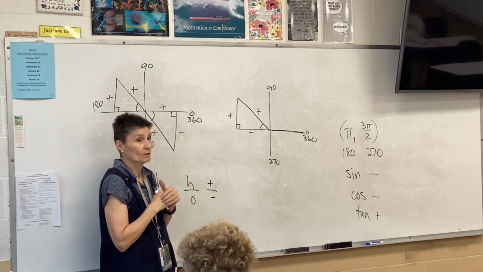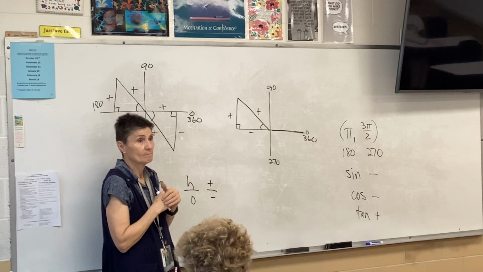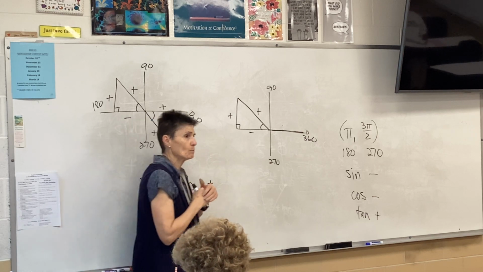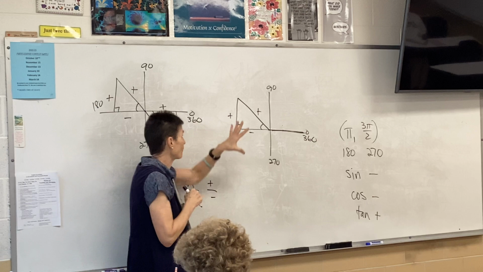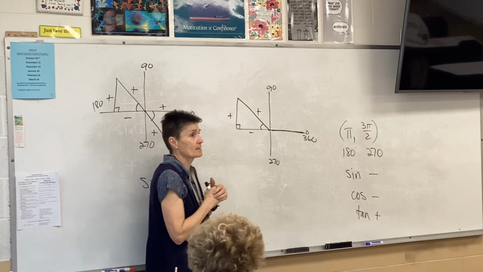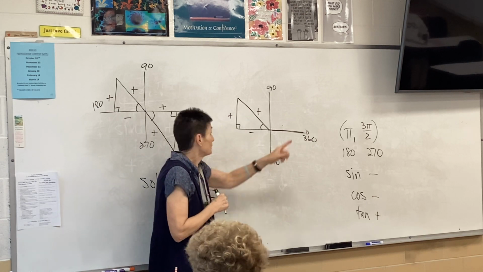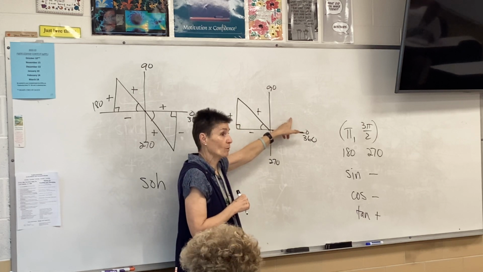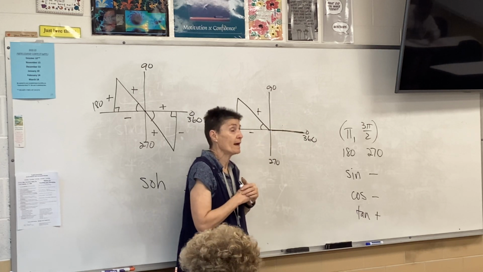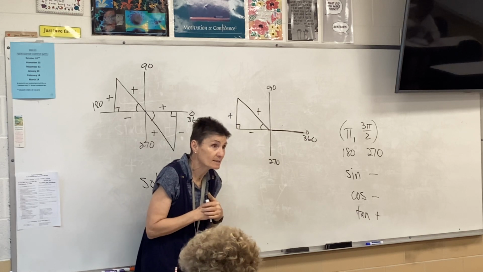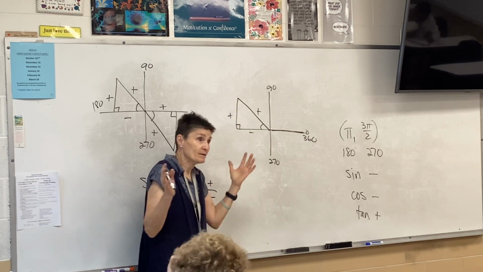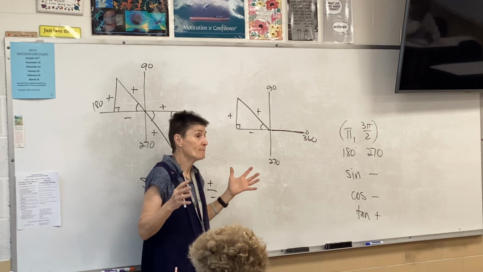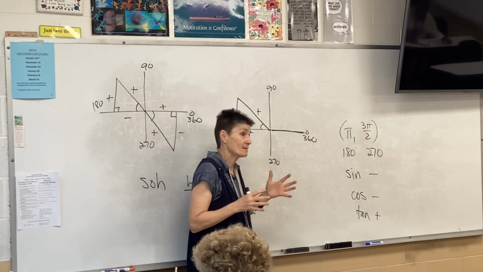Tell me about pi over 11. What is it? 16. 16. Where's 16 degrees? In our framework, where's 16 degrees? Isn't it in here? And what do we know about things in quadrant 1? In quadrant 1, everything is positive. I don't even need to draw a picture. It's positive. If I'm in quadrant 1, I'm positive.